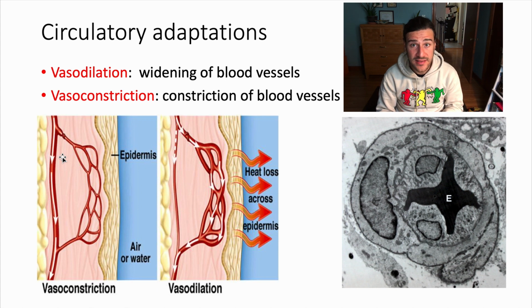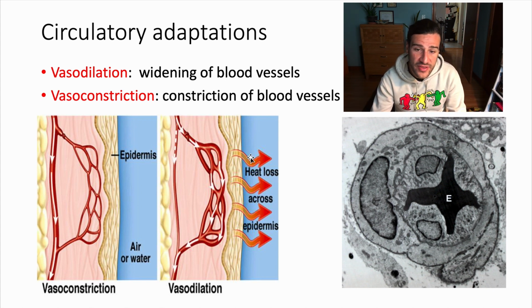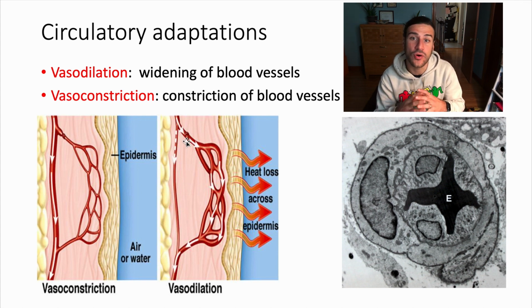And you might notice that if you run a lot, if you're really working out hard, your face starts to blush, right? You get really red, and that is because vasodilation is occurring. So with vasodilation, there are these little sphincter muscles on the entrance to these capillary beds, and those muscles can either contract or relax.